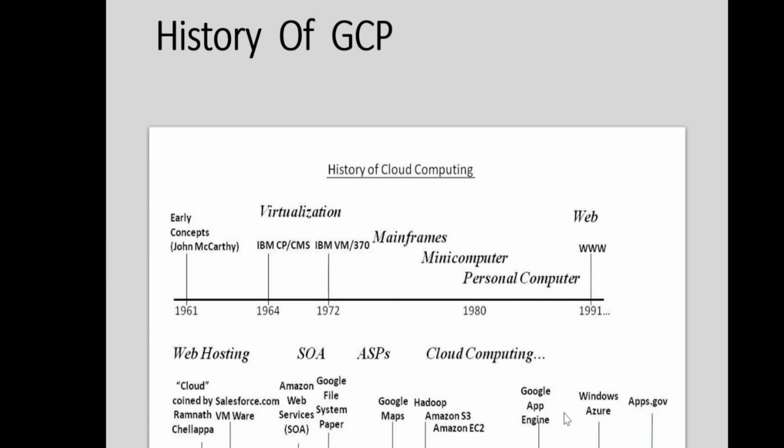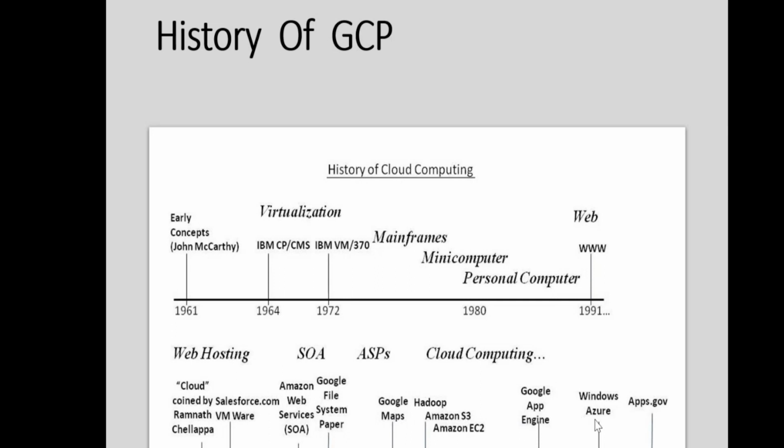And here you can see Google App Engine. So GCP started its business after Amazon in the year 2008, and they started their business using Google App Engine. Initially, this Google App Engine gave a deployment platform for your Java and Python applications. Like this, GCP started its business in the cloud computing platform.